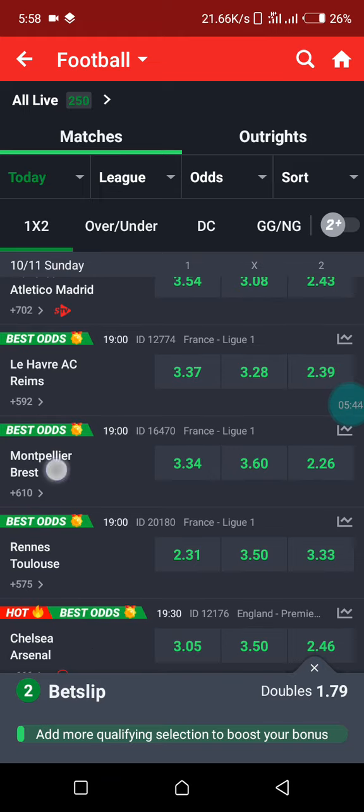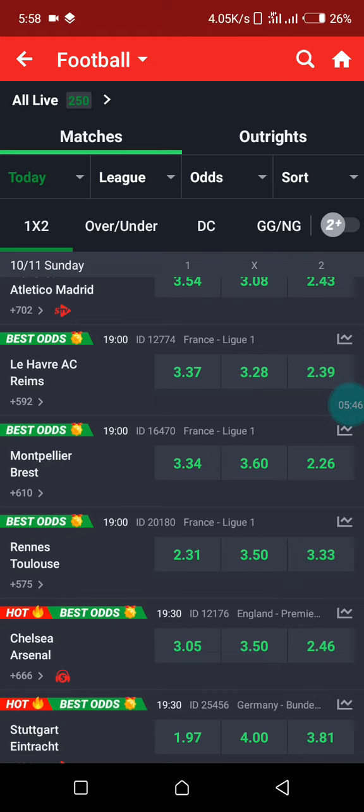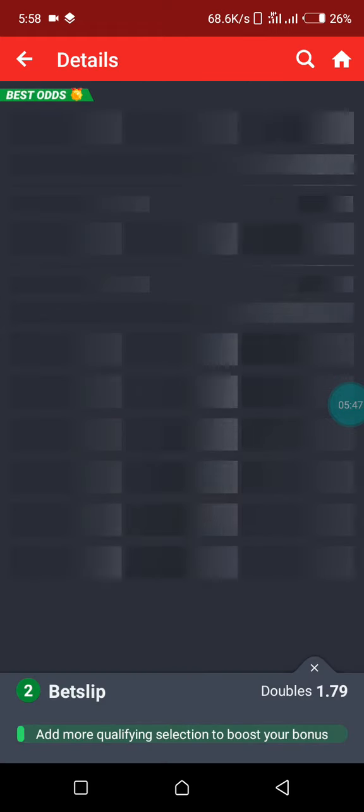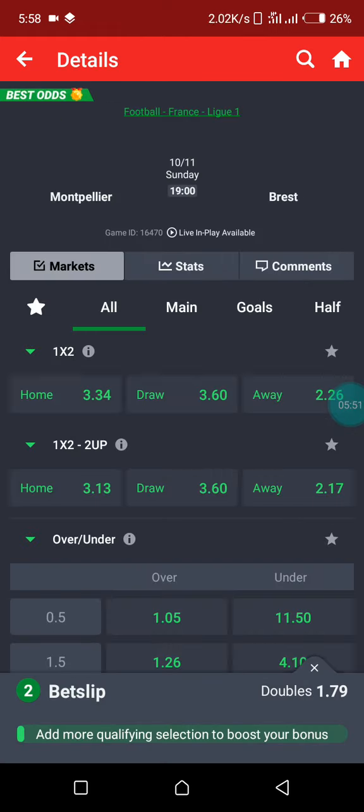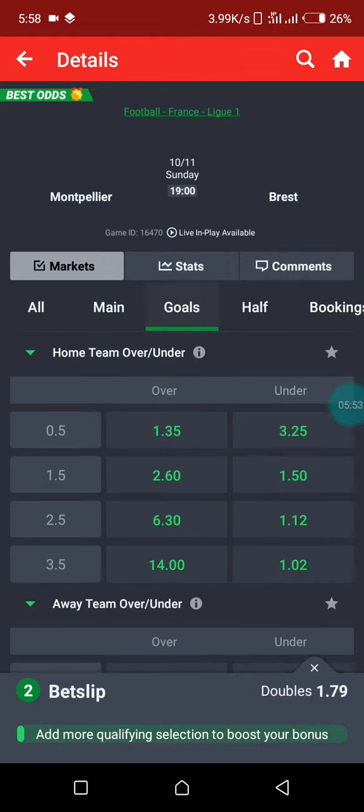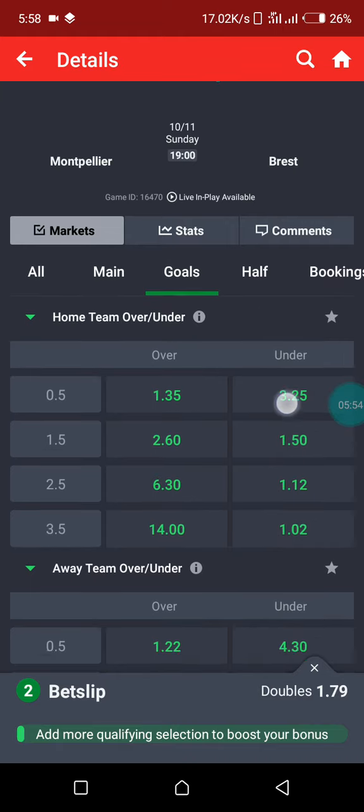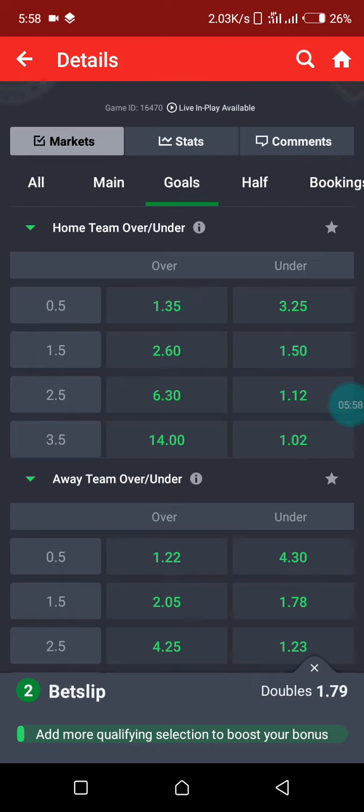Here we have Montpellier versus Place. Let us look. For this strategy, you can find games even with 7 teams, no problem. Here we have this one.